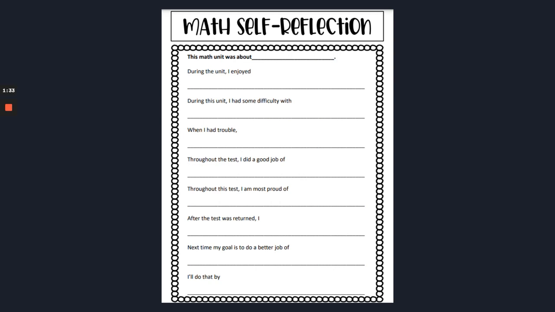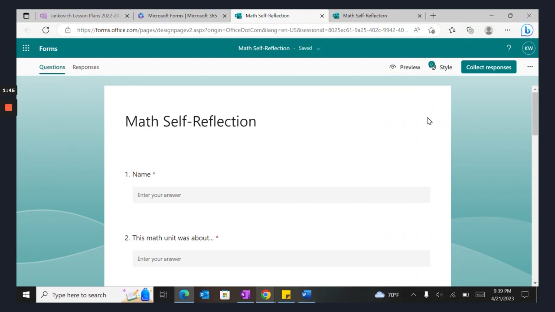So looking at what they would do different next time around and how they were going to make those changes. This self-reflection was available in a paper pencil format, as you see here, as well as a Microsoft Forms format, as seen here.